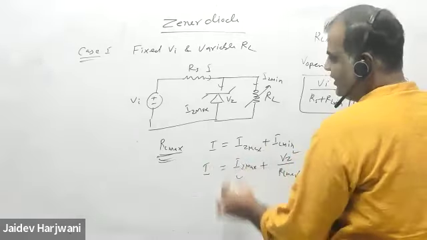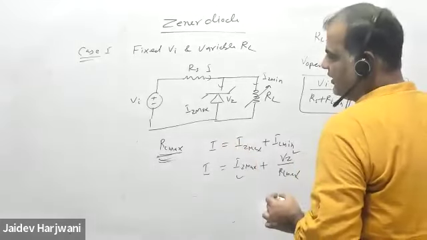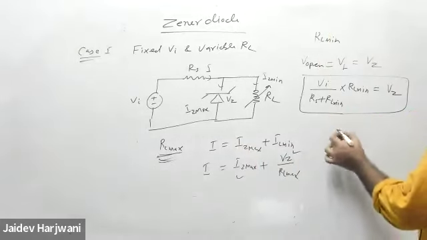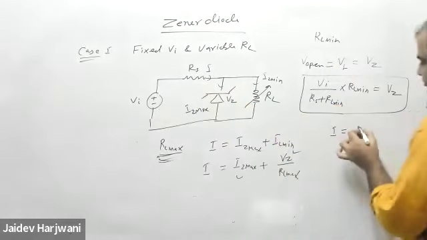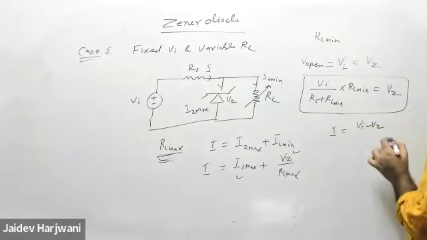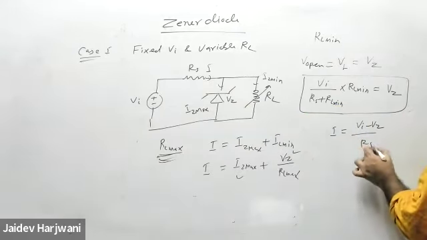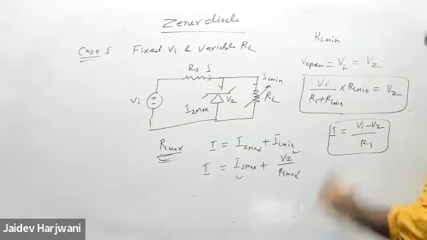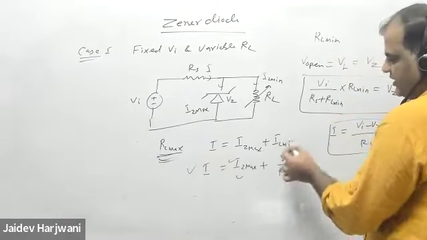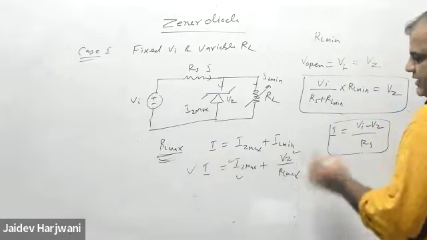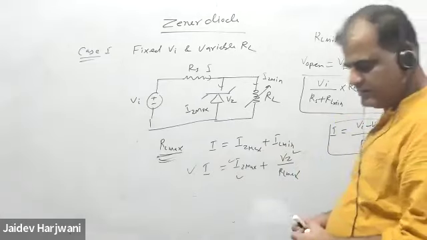Now you want to find I here, and how can you find it? I is equal to VI minus VZ upon RS. So if you know I and you know IZ max, you can find RL max by this equation.